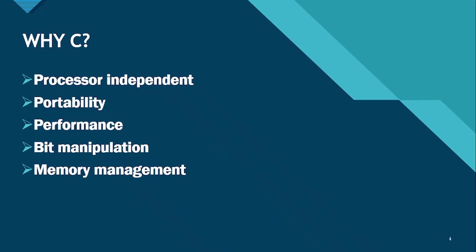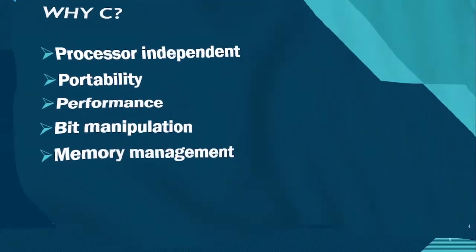Memory management. It provides direct memory control without sacrificing the benefits of high level languages. It also provides direct access to memory using pointers. When the memory requirement is not known, we can allocate the memory dynamically. If the memory allocation is known, we will do it in a static manner. These are the 5 reasons why we use C for embedded systems.